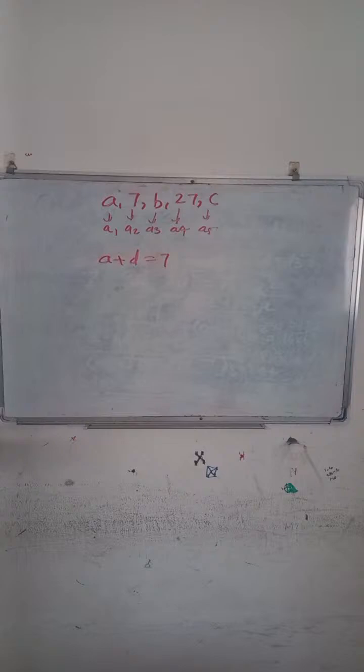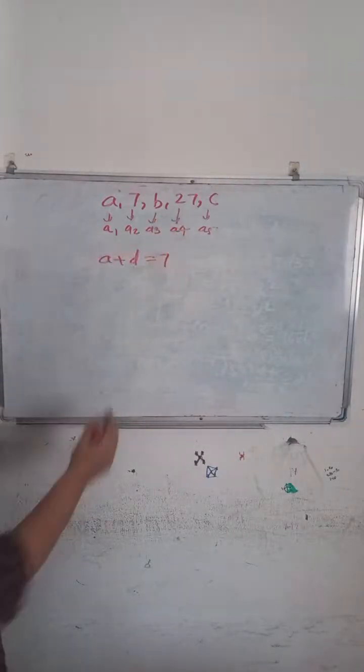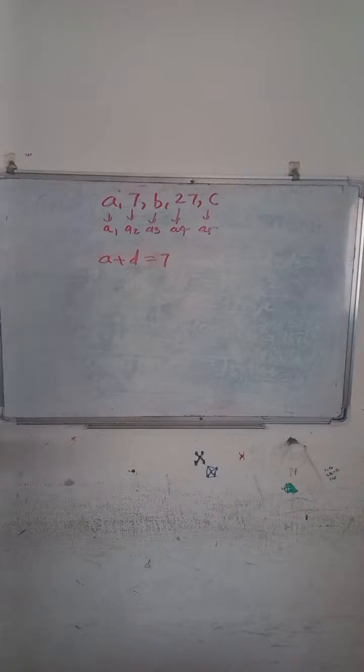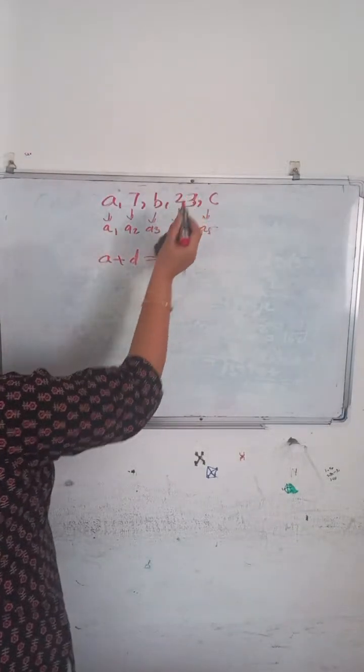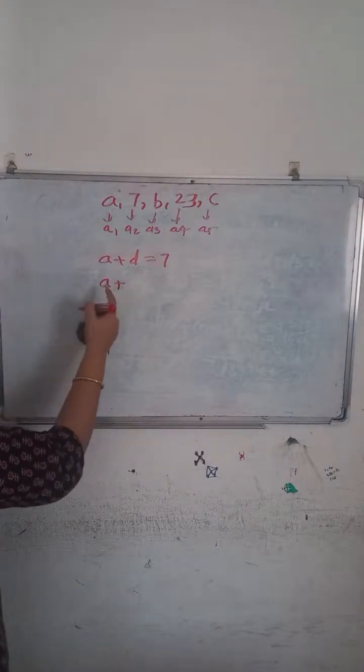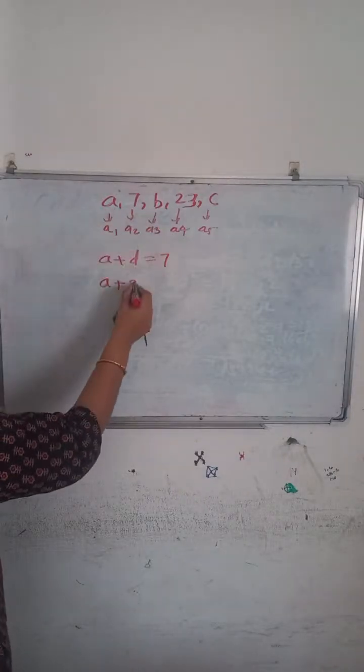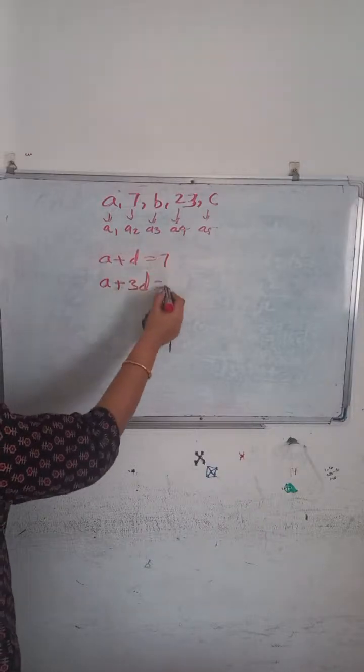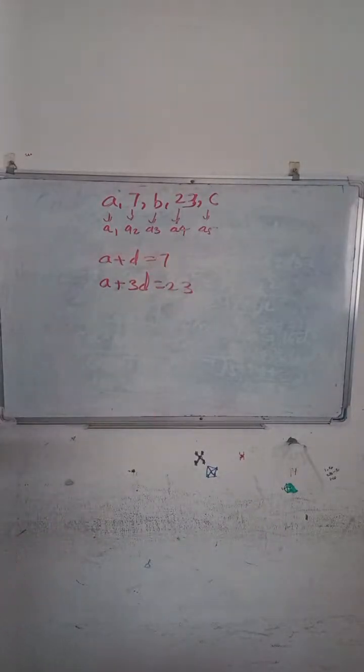Now the fourth term is 23, it is given here. Suppose I want to write the fourth term: I am adding 1, 2, 3, which means 3 times the common difference, so this I will get as 23.